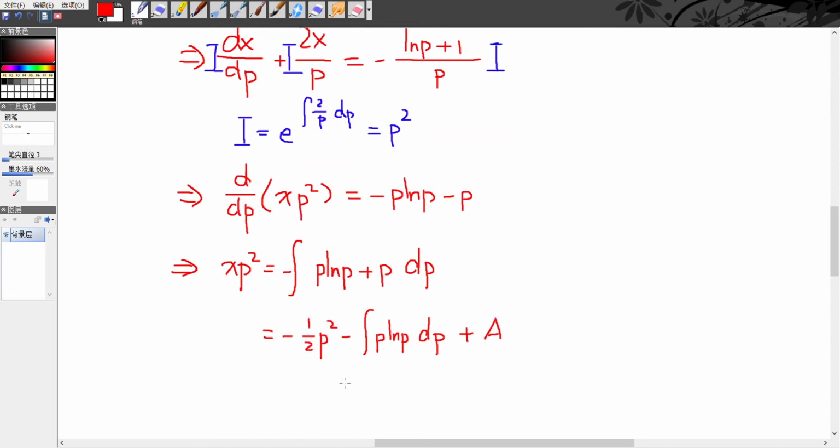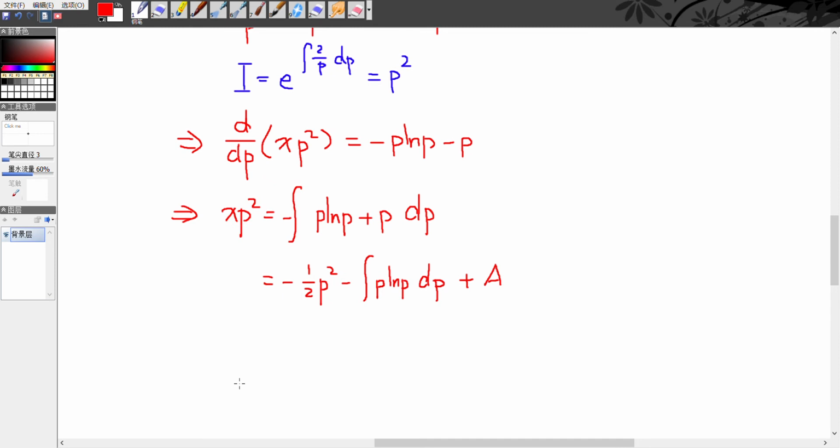And for this integration, we'll just apply integration by parts. u dash is equal to p and v is equal to ln p, in order to eliminate all the p terms. So v prime is equal to 1 over p, and u is equal to 1 over 2 p squared.